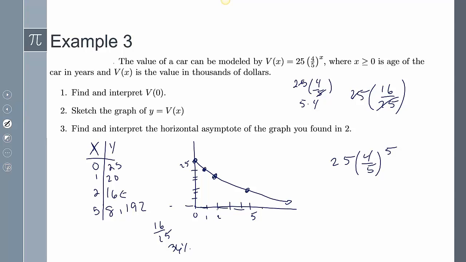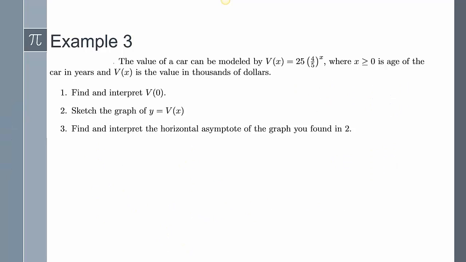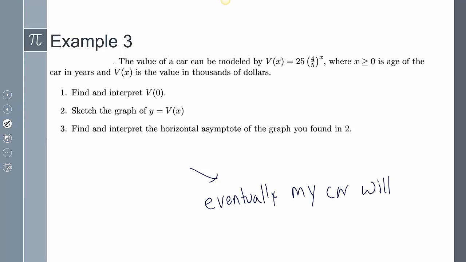Then step 3 says find and interpret the horizontal asymptote of the graph that you found in 2. Well, that is my horizontal asymptote right there. Believe it or not, all that means is that it's approaching 0, which means eventually my car is going to be worth $0.